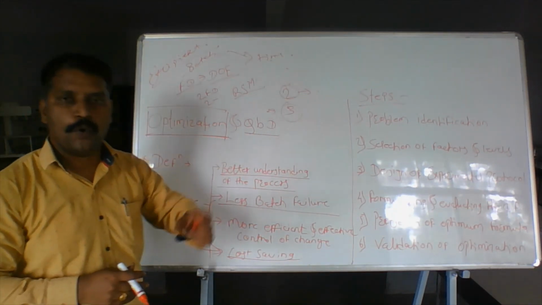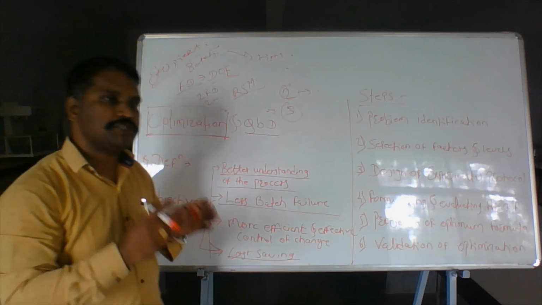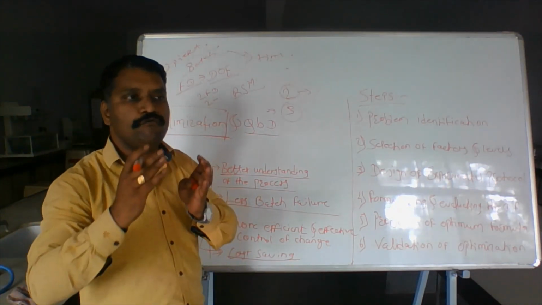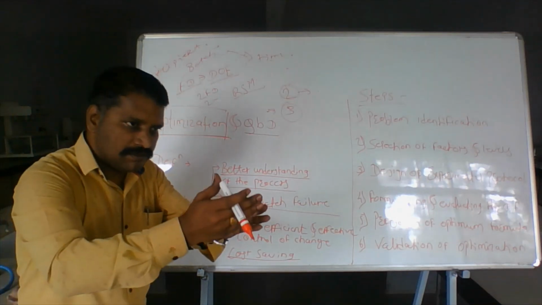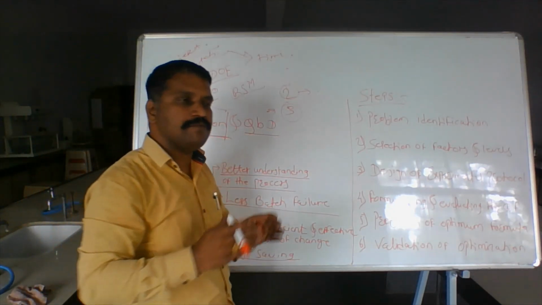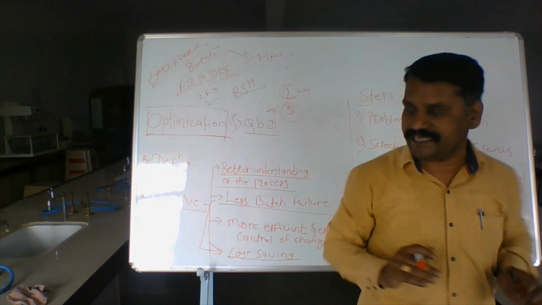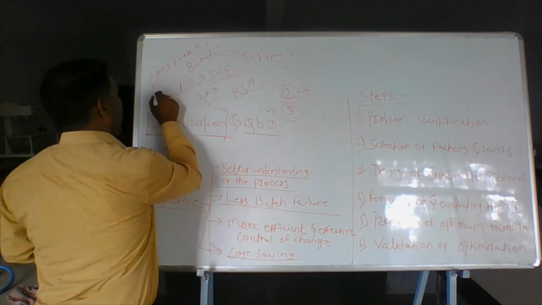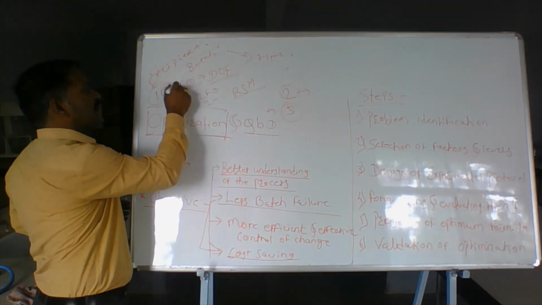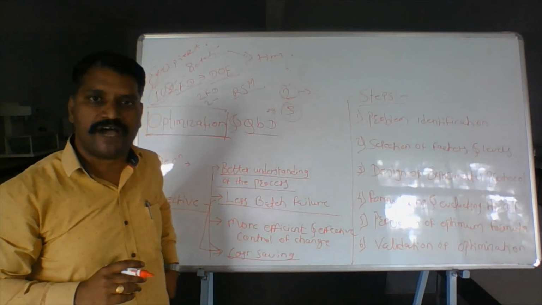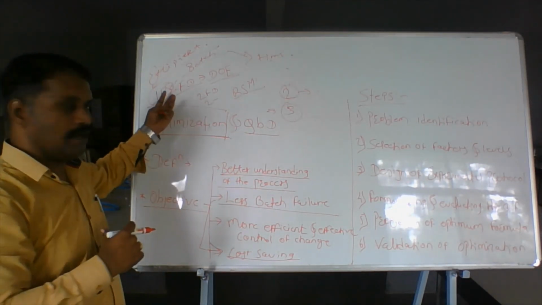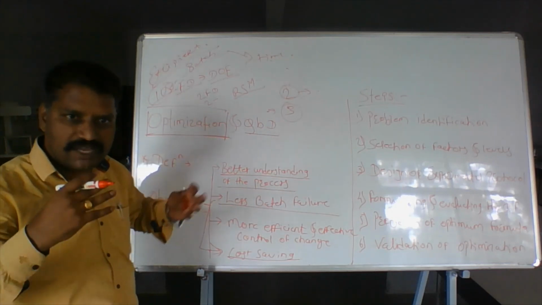So my goal is that my tablet should disintegrate within a fraction of a second, meaning the disintegration time should be less than 10 seconds. So this is my goal, the predefined objective. So this is the quality by design.